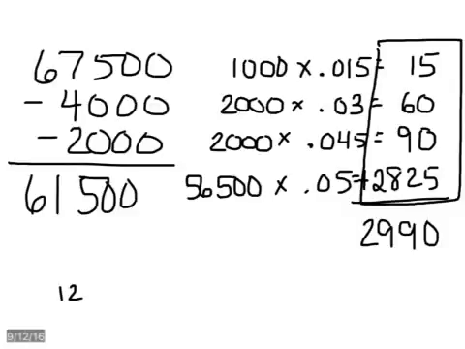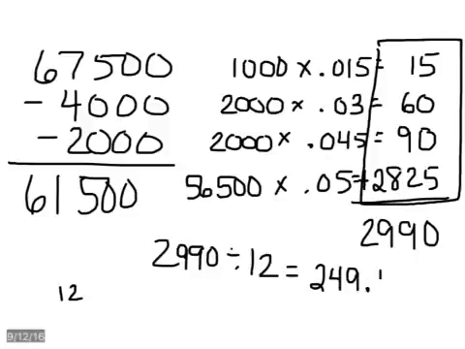How many paychecks did it say Lydia had? 12. So now I take that 2990 and I divide it by 12. So what's 2990 divided by 12? 249.16 repeating, so that should bump that up to 17, right?